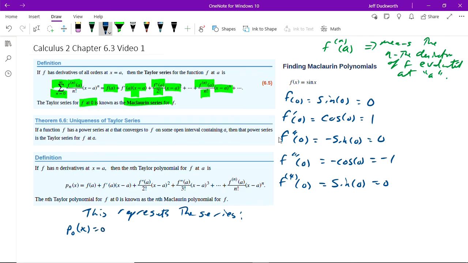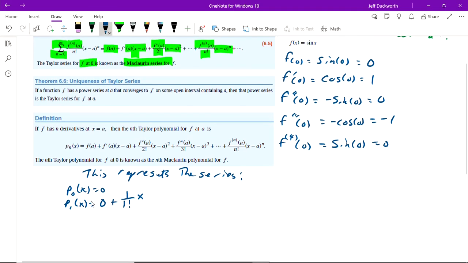Since sine of 0 is 0, it's just going to cancel out. We're just looking at f of a there. It's 0. So our next one, P1: we have that 0, and then we take the first derivative, which is that 1 over 1 factorial. And then it's x minus 0, so it's just times x.